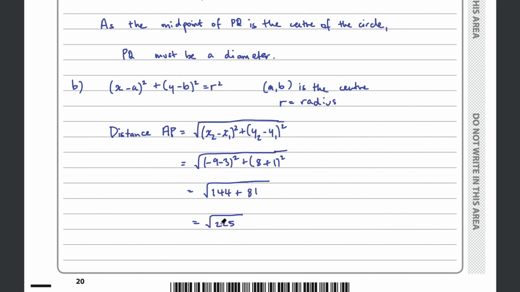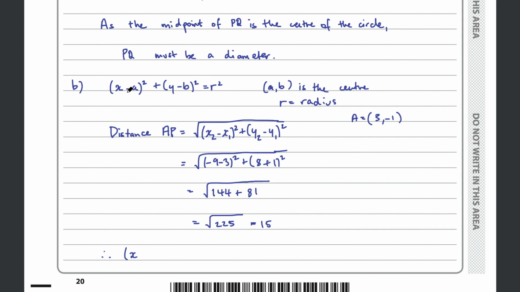So if the radius is 15, we need to square it again to get this term here, so it would be 225.